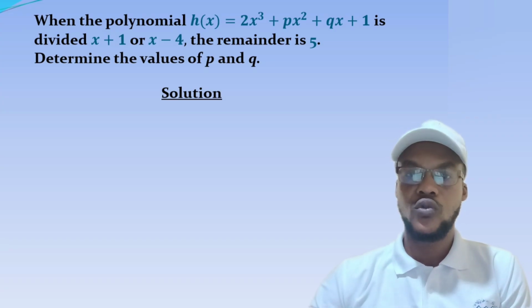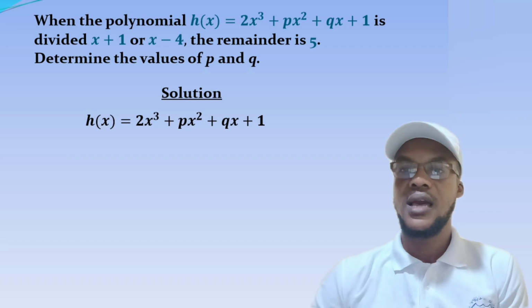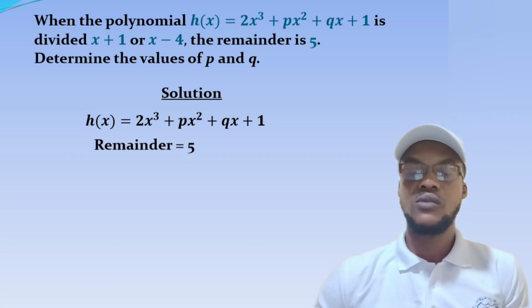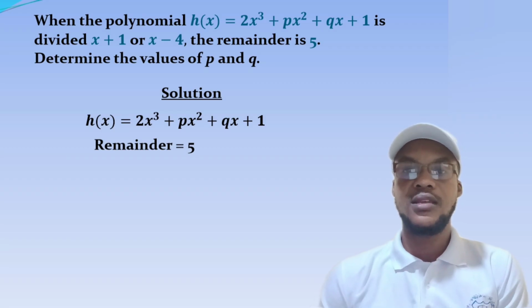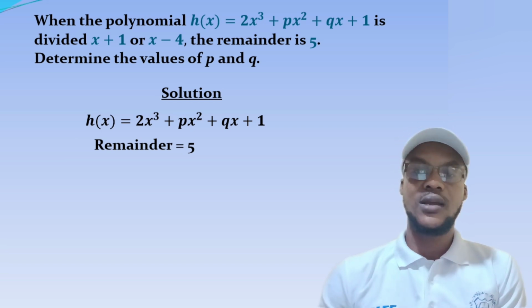All right, great. So this is the function given, and we also have the remainder as 5. It means that when we divide this polynomial function by these two divisors, we are going to get a remainder of 5. So let's test and see if it is going to work like that.